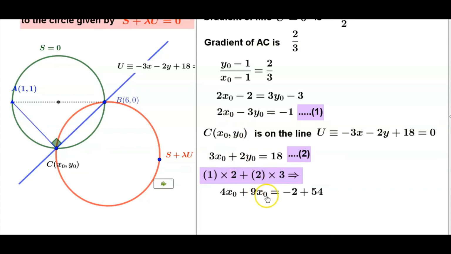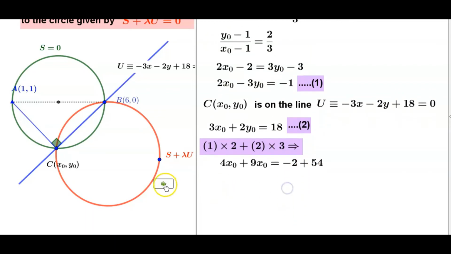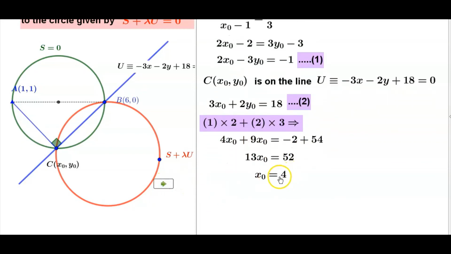The y naught terms cancel, and we get 18 into 3, 54. Therefore, 4x naught plus 9x naught, 13x naught is equal to 52. Therefore, x naught is 4.